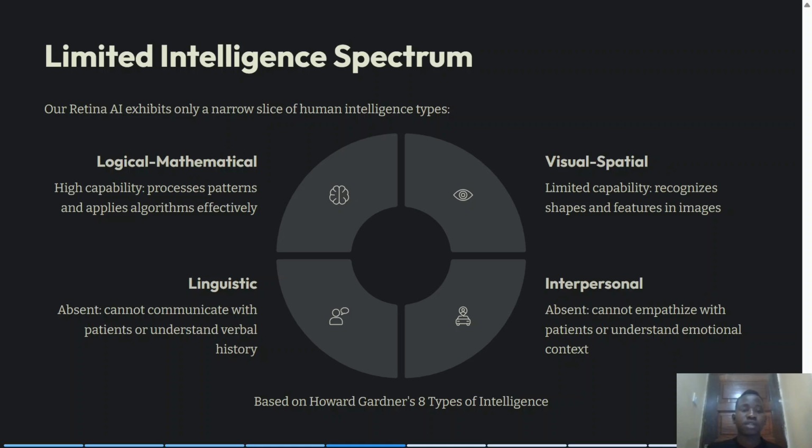This one is absent, though it would be meant for different languages inserted by the patient's feed. We have the interpersonal, which cannot empathize with patients or understand emotional context. So interpersonal and linguistic are absent from this. We mostly deal with the visual-spatial and the logical-mathematical.